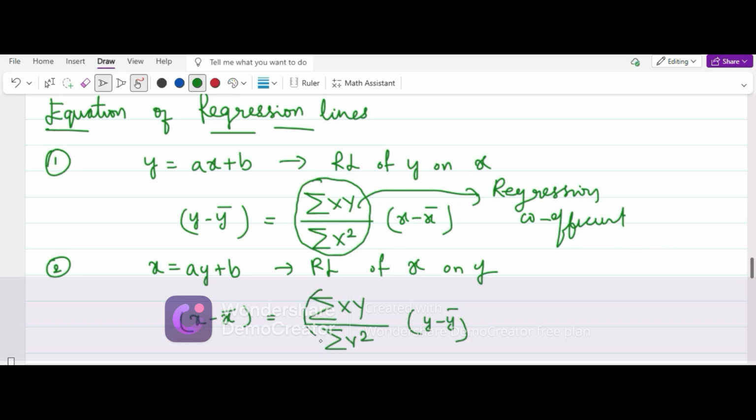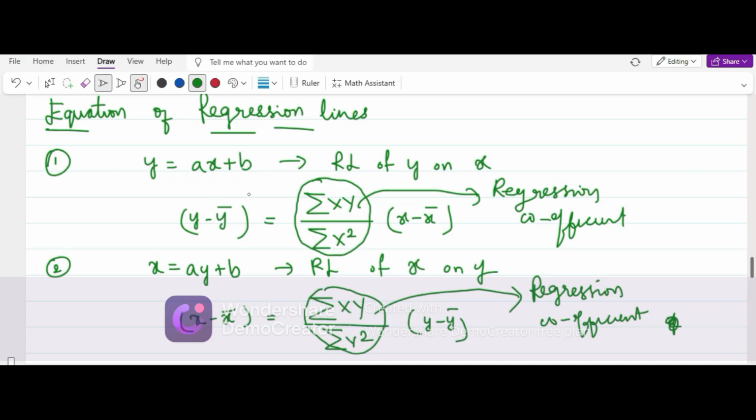And this is also a regression coefficient, of the regression line x on y.